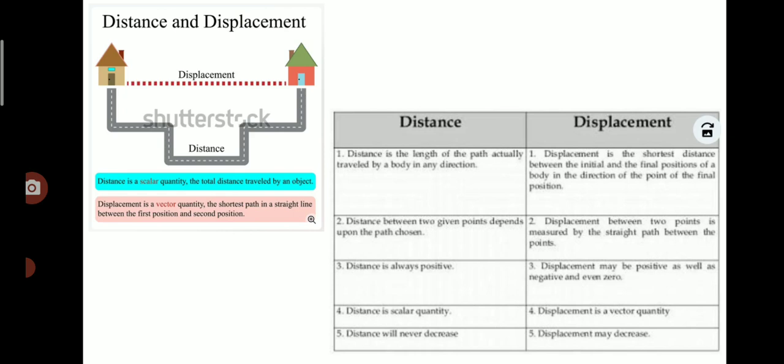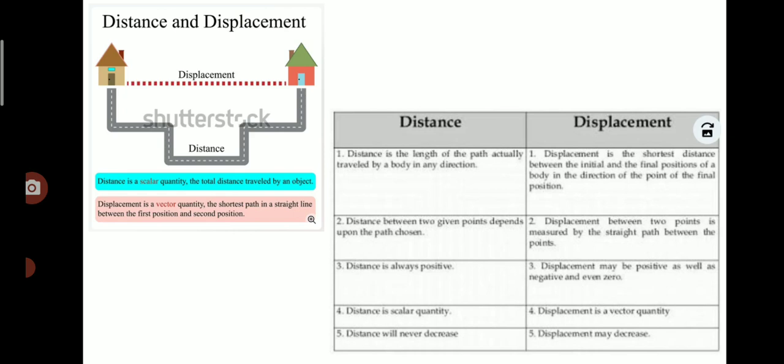Distance between two given points depends upon the path chosen, while the displacement between 2 points is measured by the straight path between the 2 points. So here the dotted line shows the displacement between the 2 points, point number 1 on the left hand side and point number 2 on the right hand side in this figure.